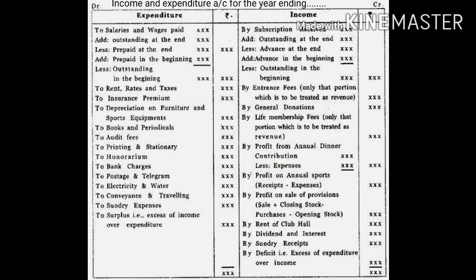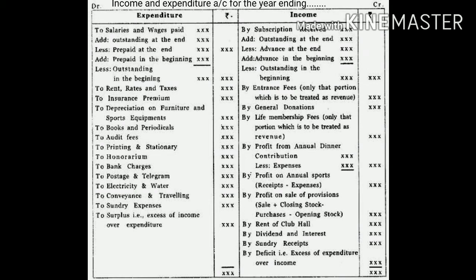For example, if the additional information is given like half of the entrance fees must be capitalized, that means half of the entrance fees must be capitalized and half of the entrance fees must be revenue.